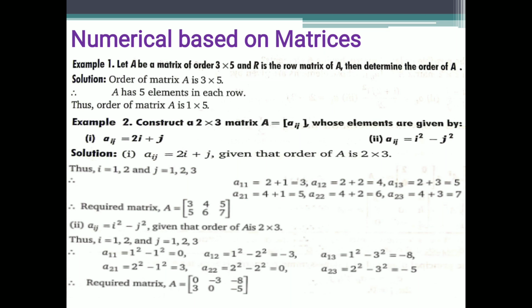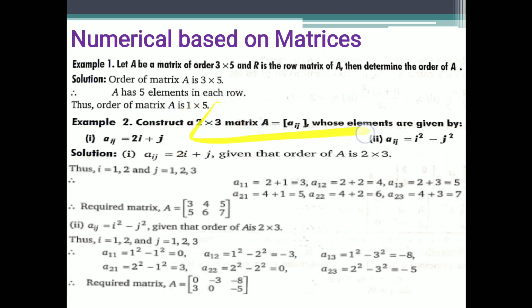I and j can have any value. If I want to obtain a11, a12, a13 depending on the type of matrix, the order is already given, that is M is equal to 2 and N is equal to 3.